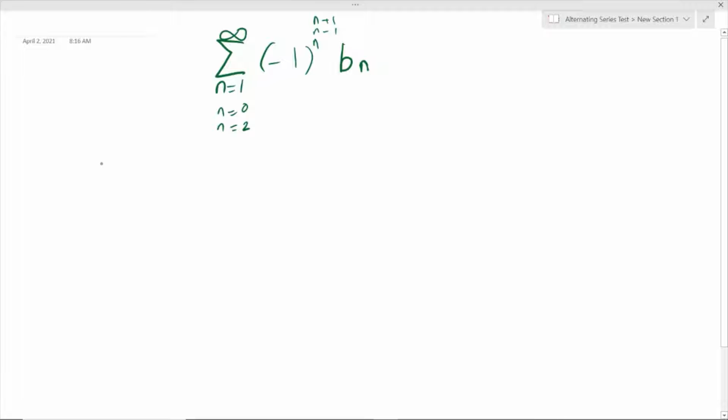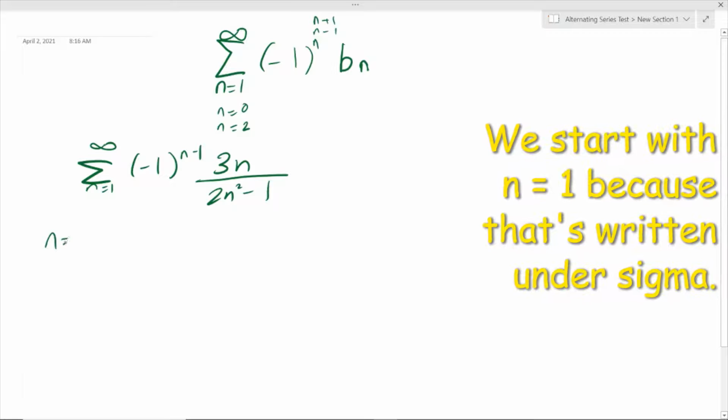So an example of a series that alternates looks something like this. With this series, it alternates because if we were to plug in n equals 1, we would get the following.